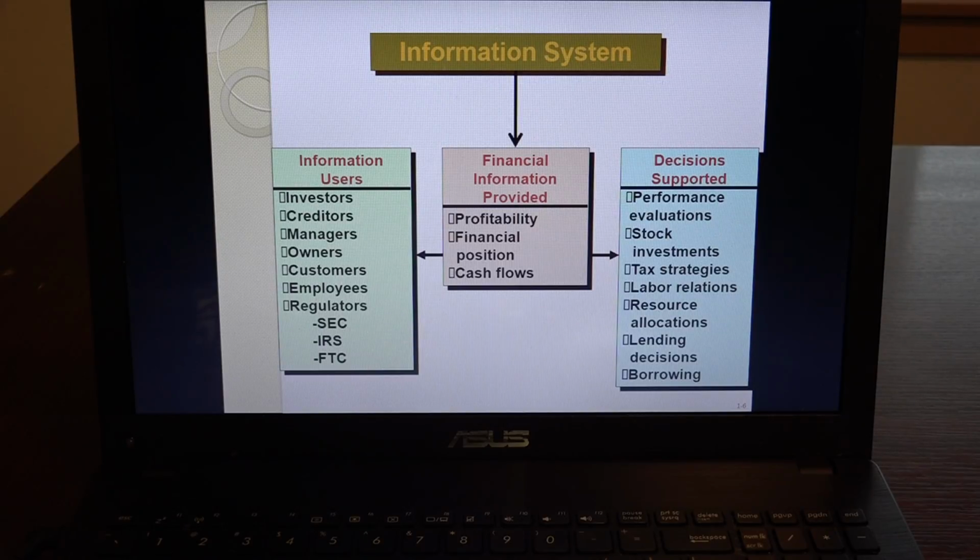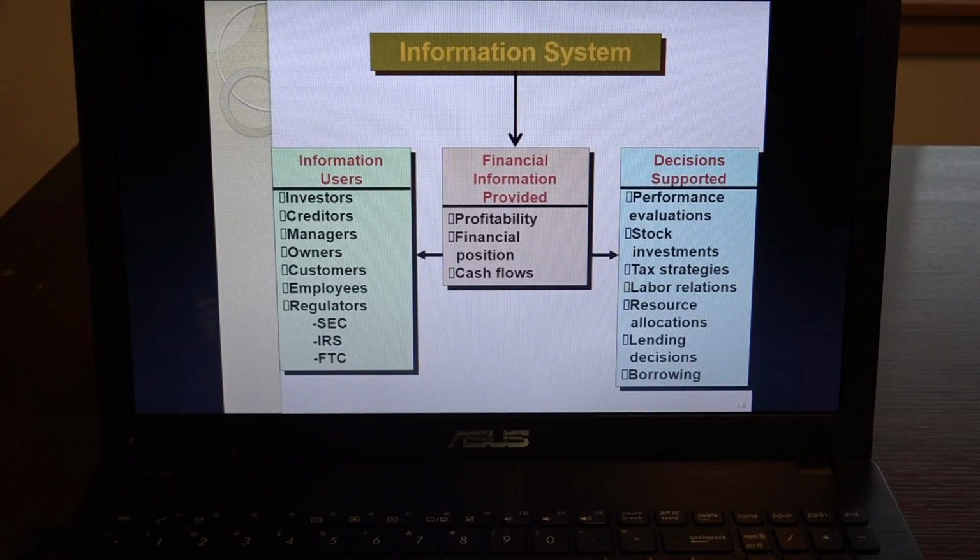Now, the users of these three general purpose financial statements are, to a greater extent, outsiders, people and institutions which are not involved with the everyday running of the company.